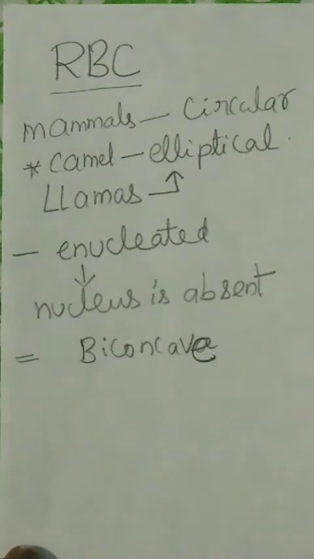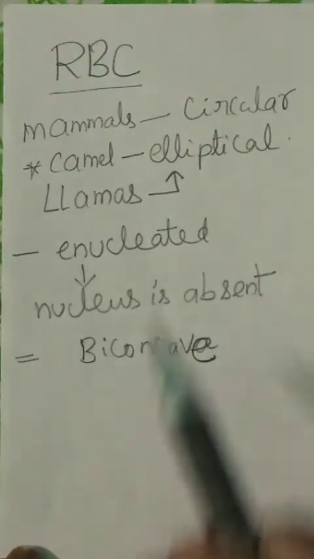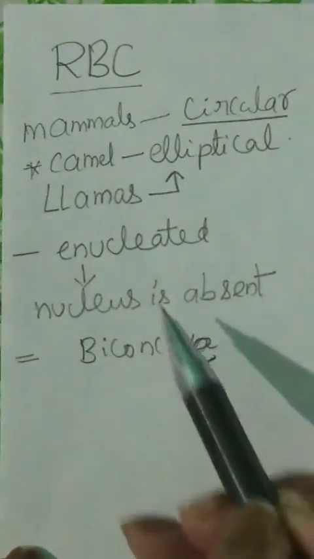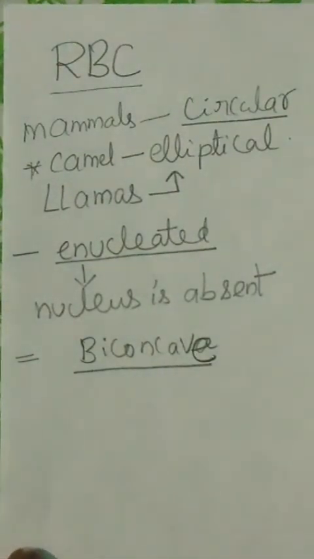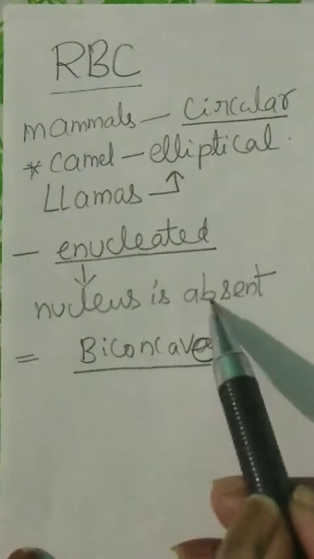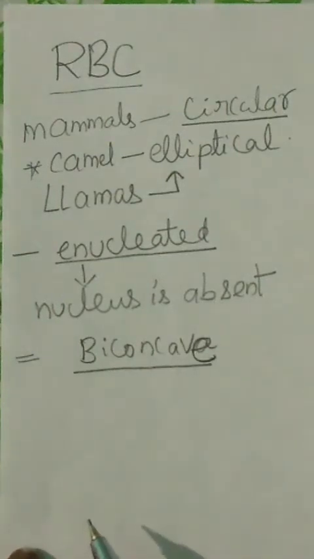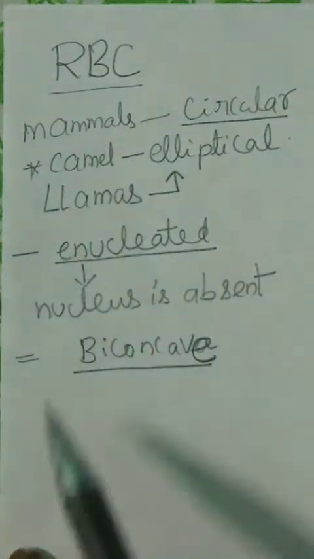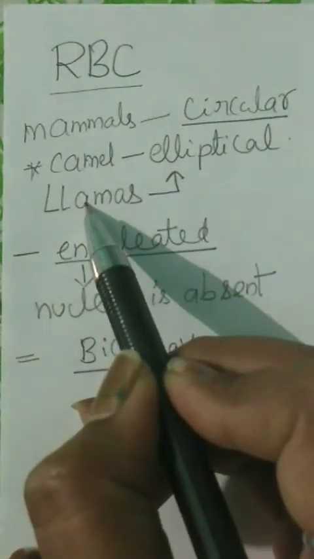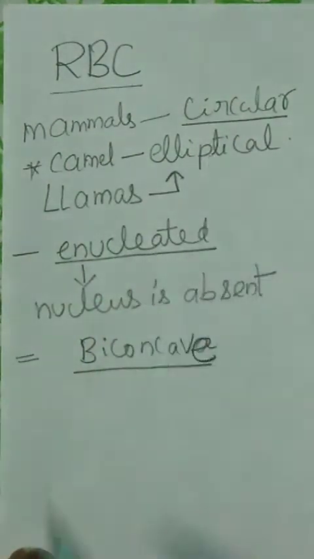In mammals, the RBC is circular, anucleated, biconcave. Anucleated means nucleus is absent. Exceptional is llamas and camel. In llamas and camel, the RBC is elliptical in shape.